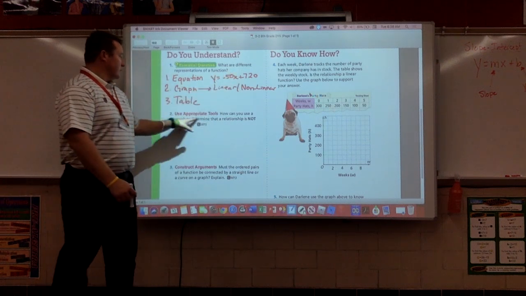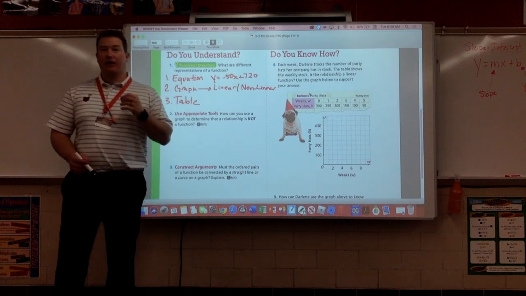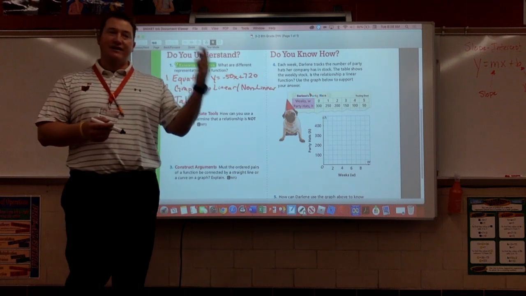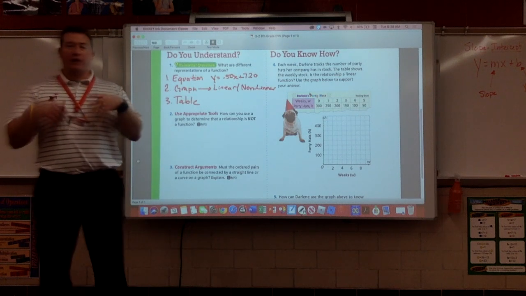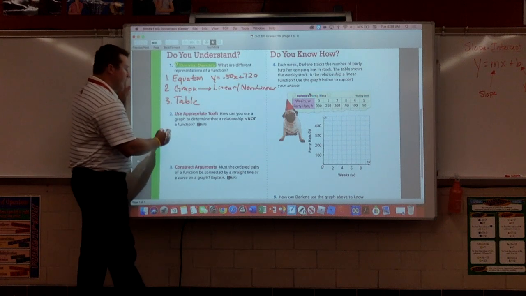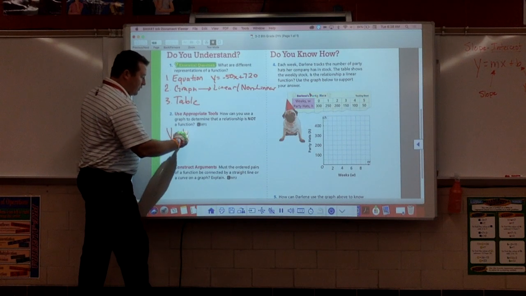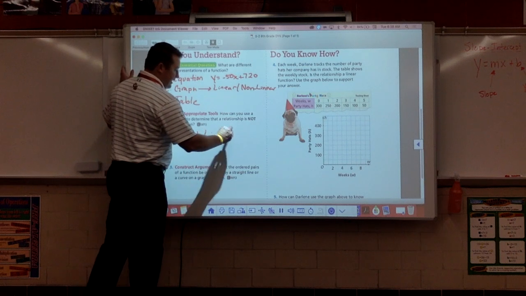Question 1. How can you use a graph to determine that a relationship is not a function? So we talked about this in example 3. If we have a graph, we can use this test. What was that test called? Yes, we will use the vertical line test.